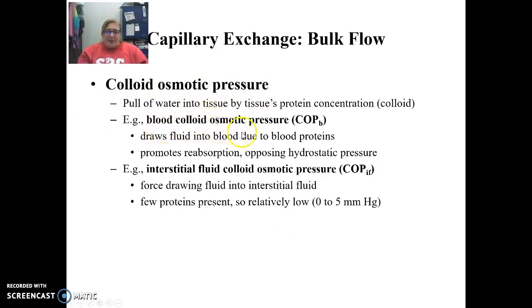So blood colloid osmotic pressure is going to be associated with the amount of proteins and different solutes and ions that are in the blood. Interstitial colloid osmotic pressure is going to be associated with whatever proteins or solutes are in the interstitial regions. Typically, blood colloid osmotic pressure is going to be much higher than interstitial colloid osmotic pressure.